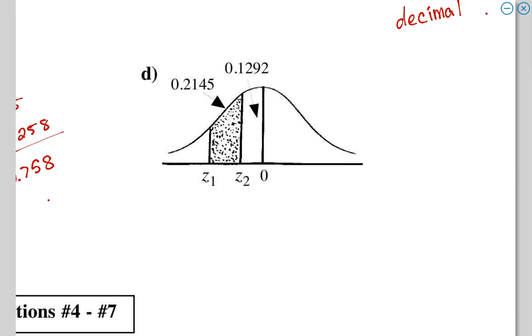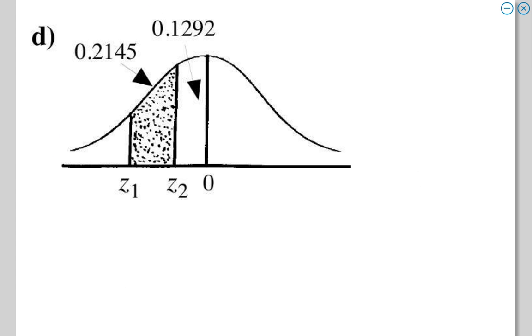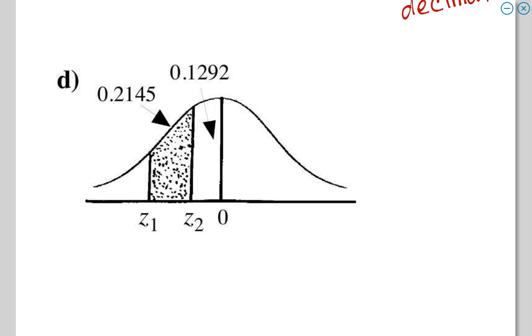Okay. Now this one's a little bit more challenging. This one's weird too. It gives you the area between Z2 and 0, and it gives you the area between Z1 and Z2. Do you think you could find that third missing piece?